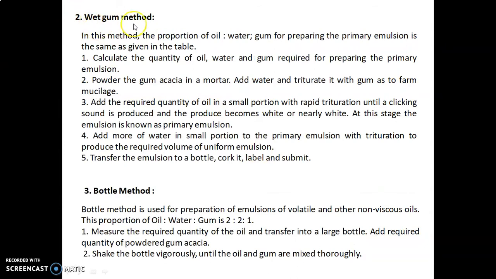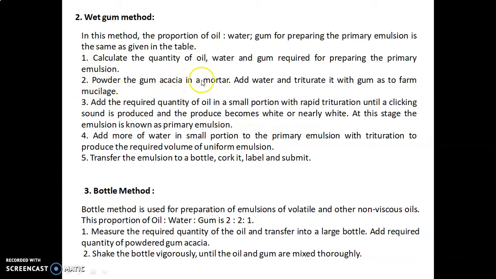Then the wet gum method, the second method of preparation of emulsion. In this method, the proportion of oil to water to gum for preparing the primary emulsion is the same as given in the table. Calculate the quantity of oil, water and gum required for preparing the primary emulsion.